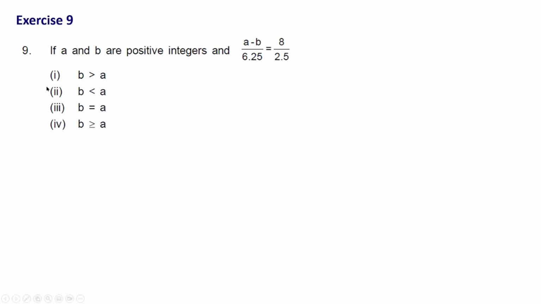Next question. If a and b are positive integers and a minus b by 6.25 equals 8 by 2.5, we have to choose which option is correct. So let us try to simplify this. A minus b will be 8 by 2.5 into 6.25. So from this we get a as b plus 20.